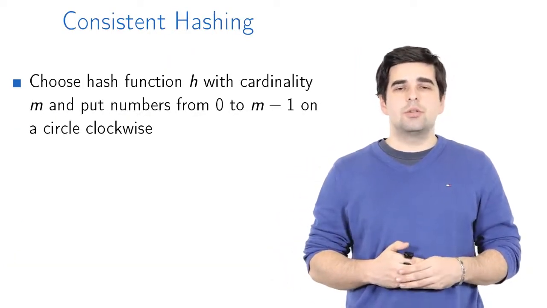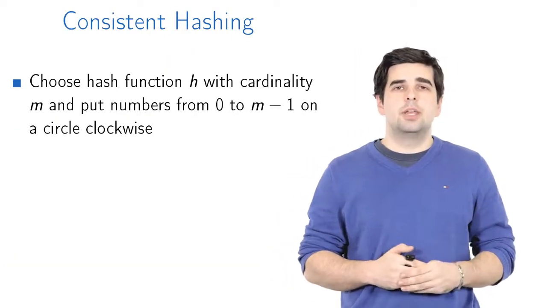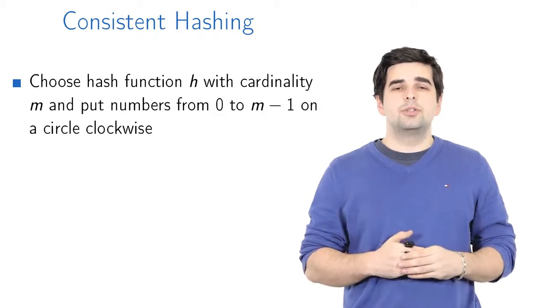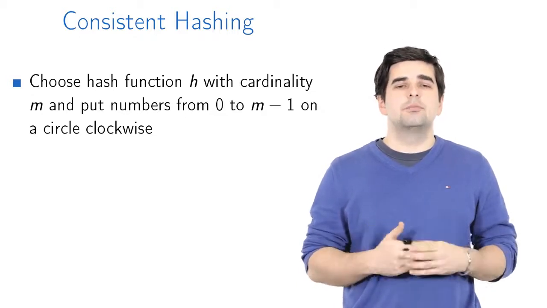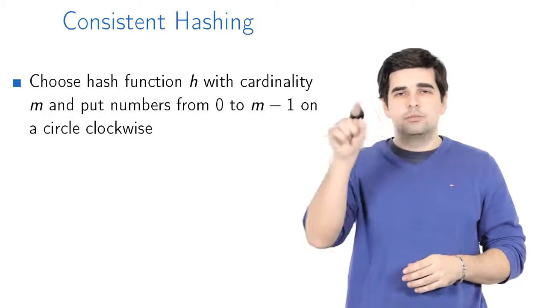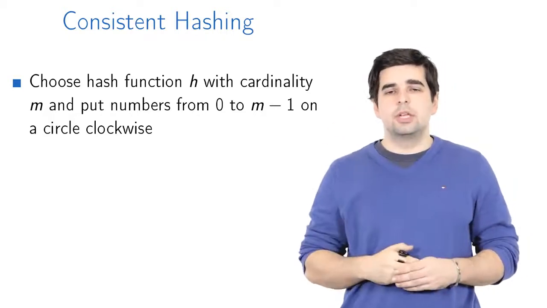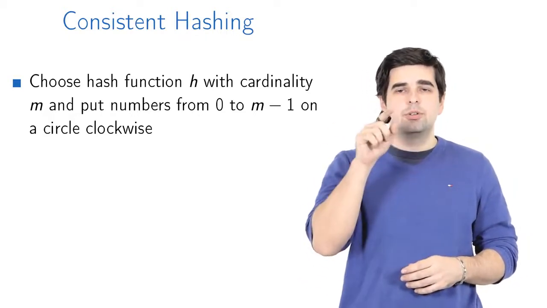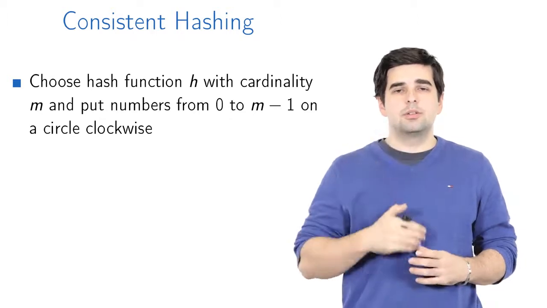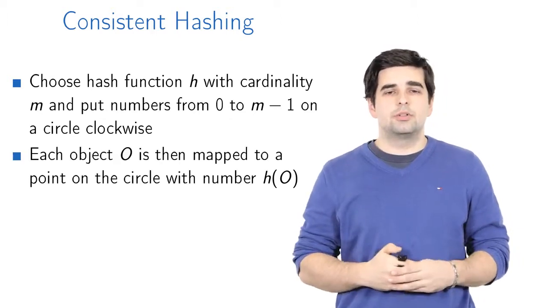And one way to solve this is called consistent hashing. First we choose some hash function with some cardinality m, and we choose a regular circle, and we put numbers from 0 to m-1 on this circle in a clockwise order.